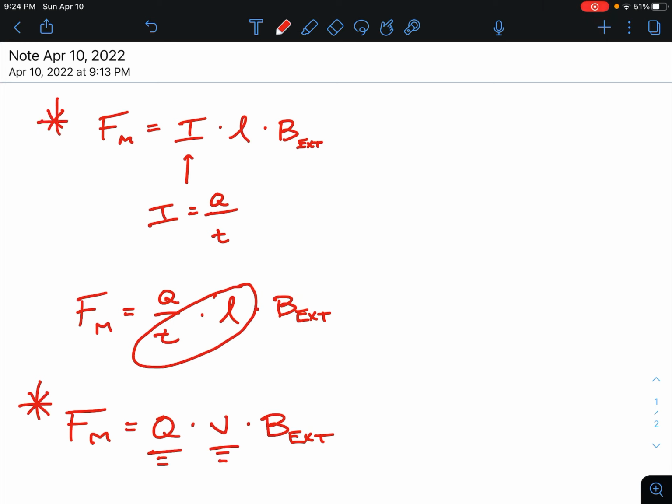Something else, if you're curious, I don't think there's anything on WebAssign with this or even your unit outline mathematically, but if it does pop up, I want you to be aware. If you think about the simulation I showed you, the particle was changing its direction. So that is an acceleration.